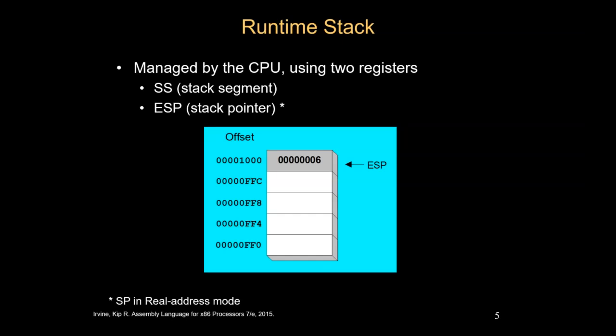We rarely manipulate the ESP directly. Instead, it is indirectly modified by instructions such as call. You'll see them when we go on: the call instruction, the ret instruction, the push, and the pop. I hope you guys did your assignment well last week when I was asking the question about the push and the pop.